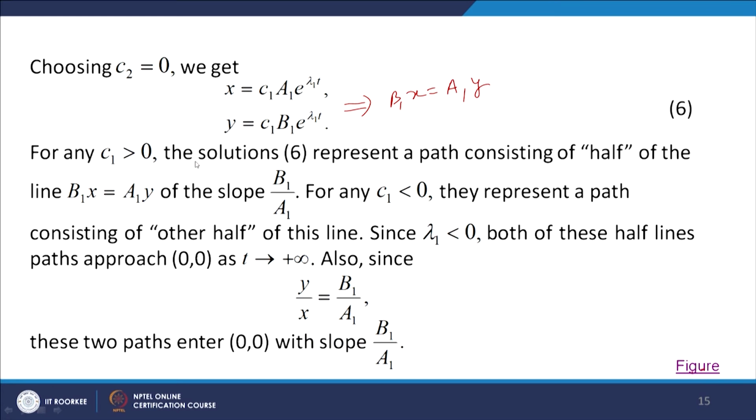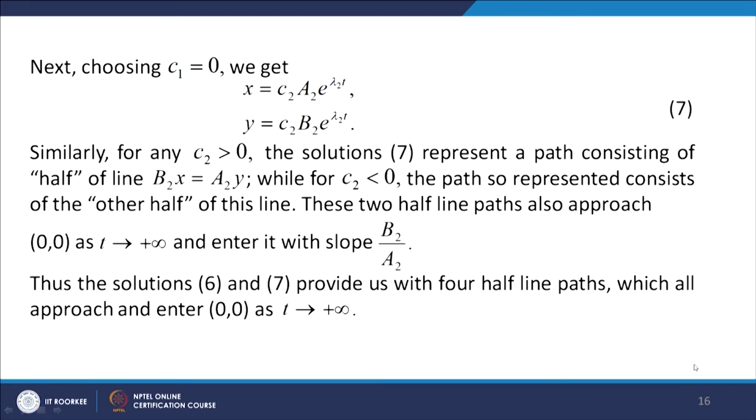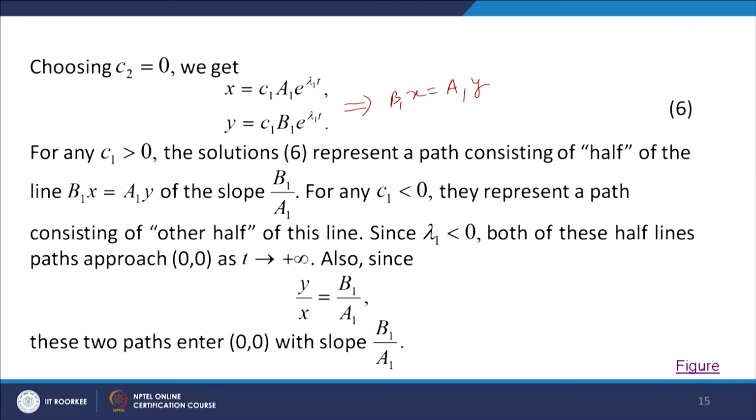So, for any C1 greater than 0, these represent a path consisting of half of the line b1 x equal to a1 y, and the slope of the line will be b1 upon a1, you see here, y equal to b1 upon a1 into x. So, when C1 is greater than 0, these solutions represent a path consisting of half of the line b1 x equal to a1 y with slope b1 by a1.